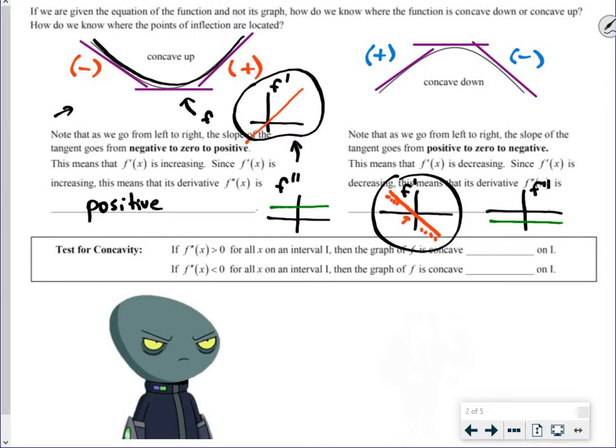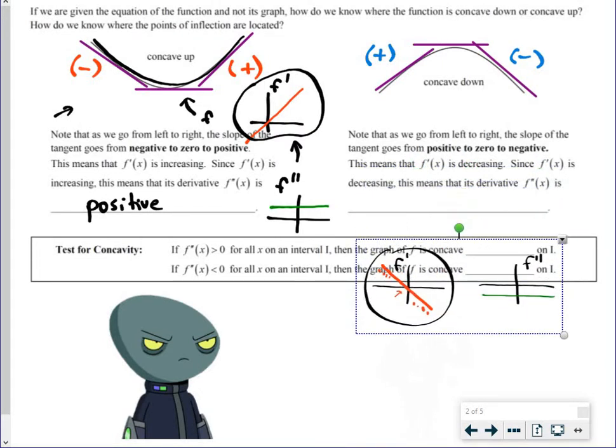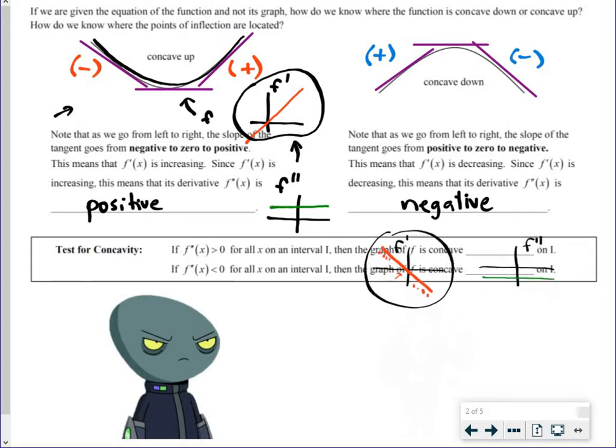So f double prime is negative in this case. So we have a way to figure out whether it's concave up or concave down. What we've got to do is take the second derivative and figure out what the sign is on a particular interval.